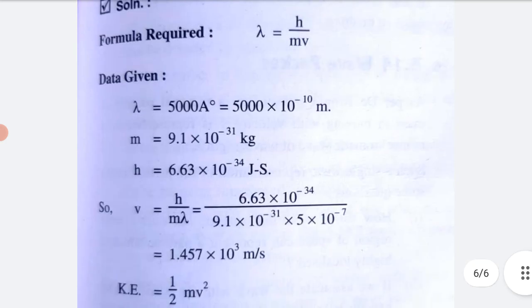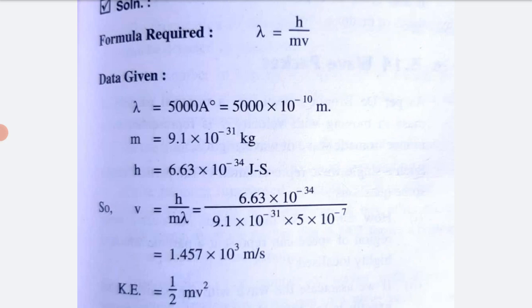Then v is equal to h upon m lambda, which is 6.63 into 10 raised to minus 34 upon 9.1 into 10 raised to minus 31 into 5 into 10 raised to minus 7. Therefore, the value of v is 1.457 into 10 raised to 3 meter per second.